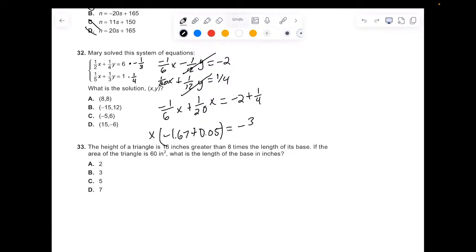Whoops. 7 over 4. 7 divided by 4, that's 1.75. 1.67 plus 0.05. Okay, so x is equal to 1.